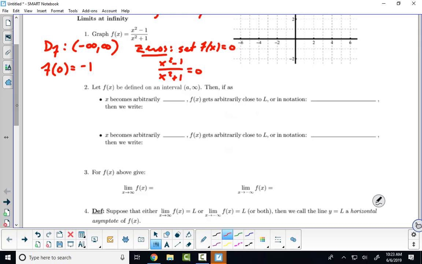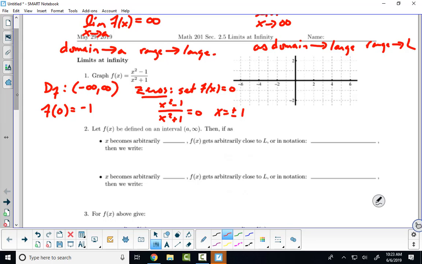When its numerator is 0, right? So that happens when x equals plus or minus 1. That's when the numerator is 0. Okay. So putting that information in here, here's the y-intercept of (0, -1). Here are the x-intercepts, the zeros of the function at -1 and 1. This has no vertical asymptotes or holes.